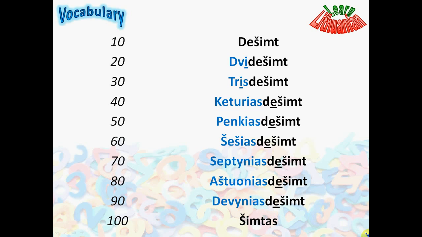But if you're just a beginner, this is not so important, but later on you will be able to learn the feminine numbers easily, because the numbers also have forms like nominative, genitive, accusative, and you will be able to learn them easily when you are more advanced in Lithuanian.